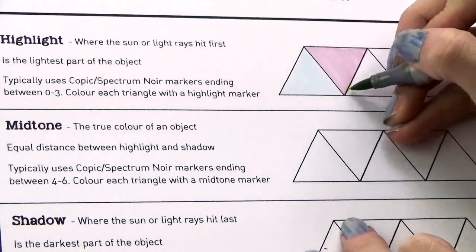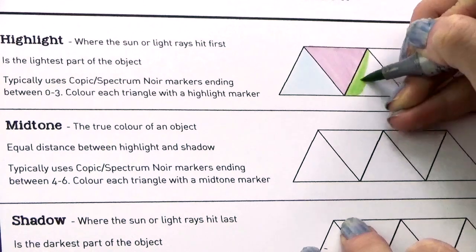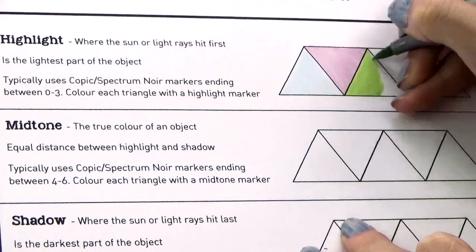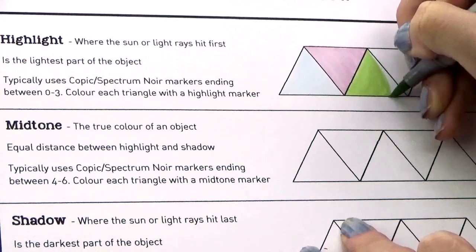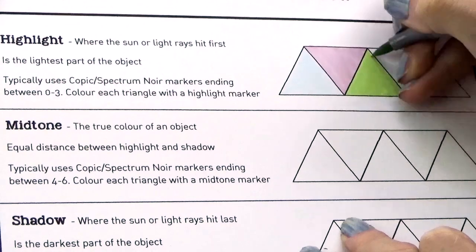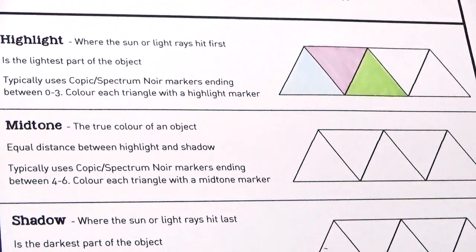YG23, now this is a yellow-green, which is what the YG stands for. The first number is a 2, so it's not super duper bright like a 0 or a 1, but it's still quite light. And then I've got a 3. So that's just on the cusp of still being a highlight marker. I'm going to use here next R20, so that's in my reds.